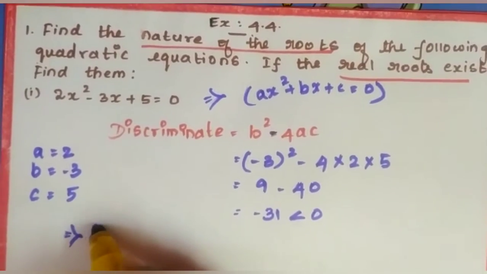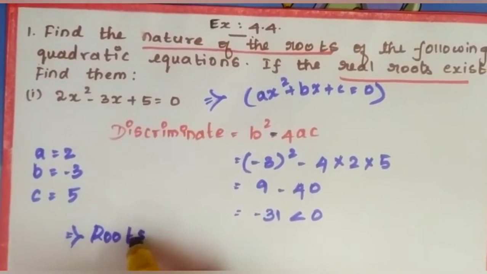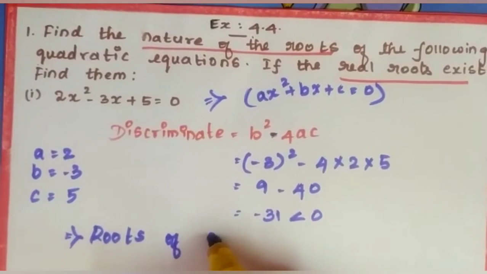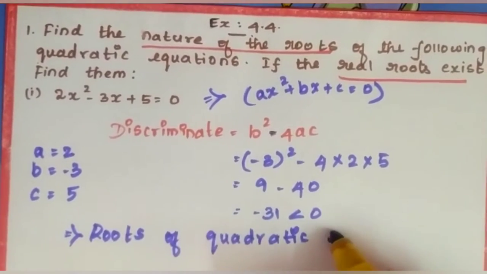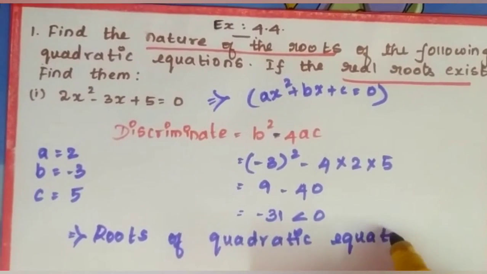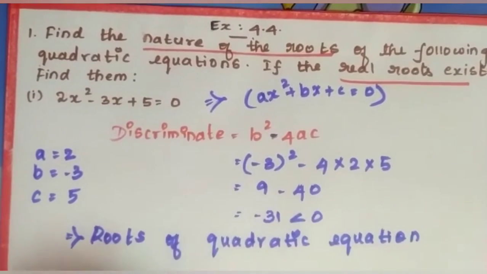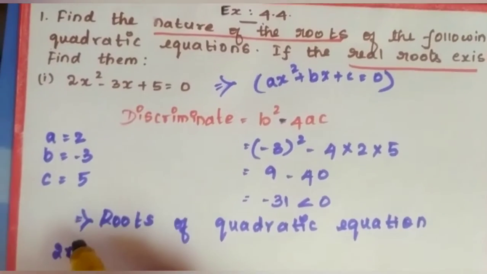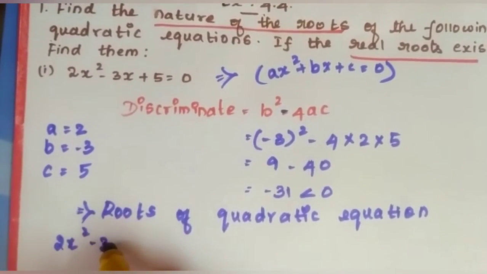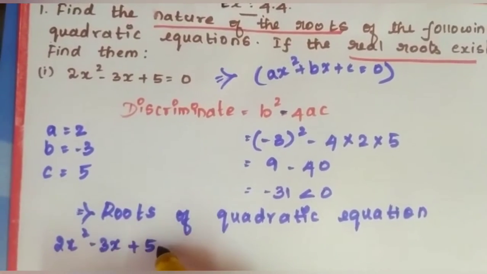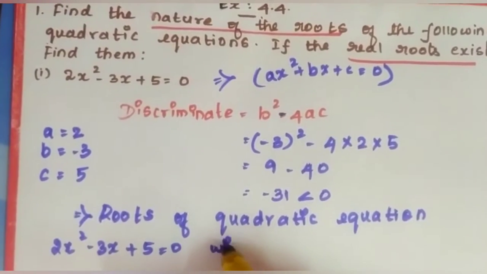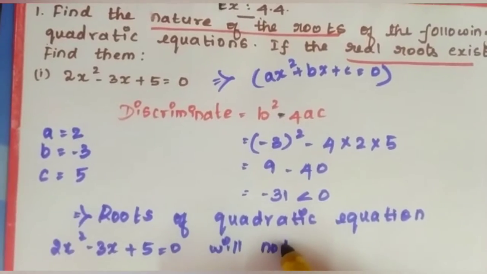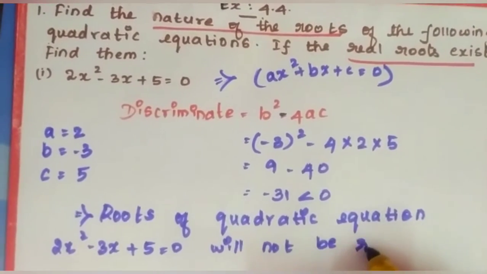The roots of the quadratic equation 2x square minus 3x plus 5 equals 0 will not be real.